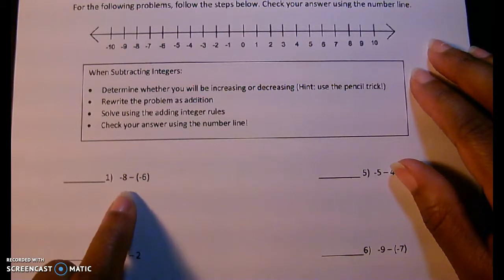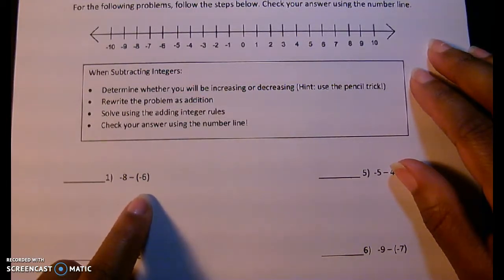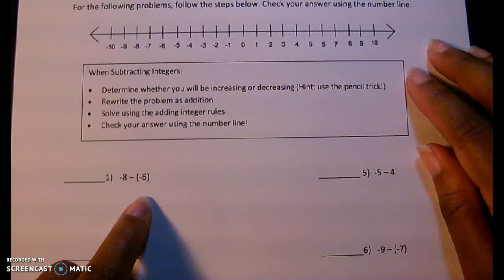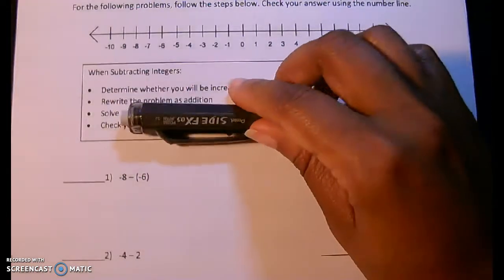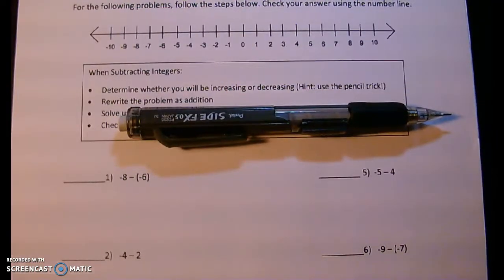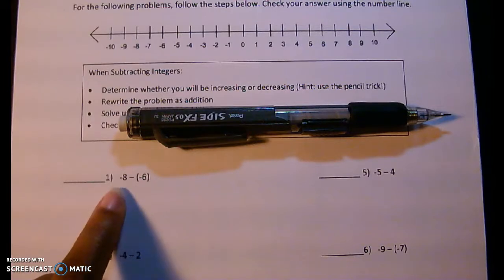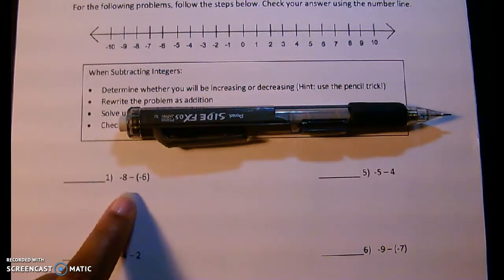We have -8 minus -6, okay? My instructions tell me to first determine whether I'm going to be increasing or decreasing, just like we did in part 1. So I'm going to place my pencil facing the right, and I'm going to read my problem. Remember, we start looking at negatives and minuses after the first number.